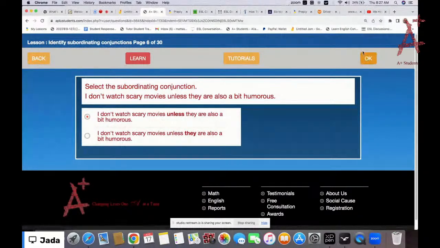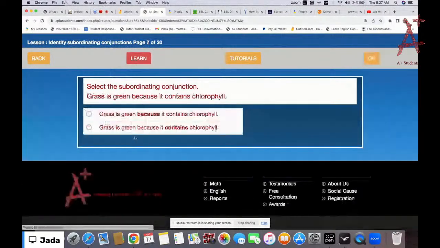Okay, let's move on. Grass is green because it contains chlorophyll. So now, is it because or contains? Obviously, it is because, right? Because is a subordinating conjunction. All right, we'll move on to the next.